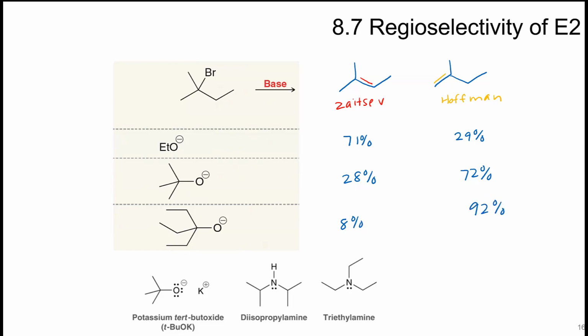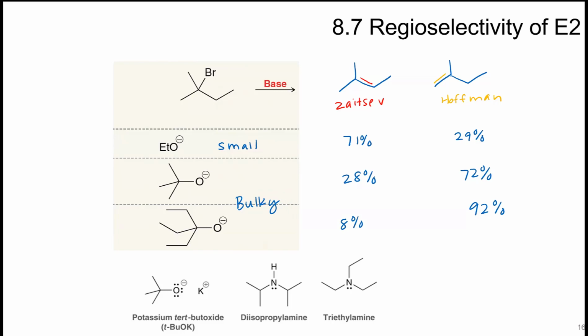So potassium ditert butoxide, diisopropylamine, trimethylamine. These are different bases that you can use. And one thing that you may observe is this is a small base, which favors the Zaitsev more stable product, and these are bulky bases, which prefer the Hofmann product.